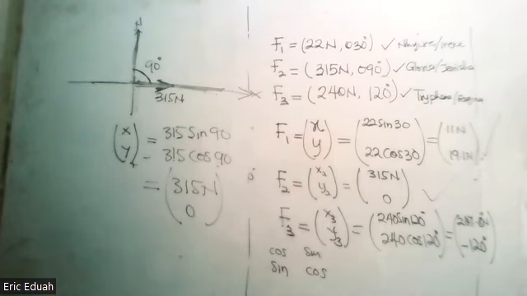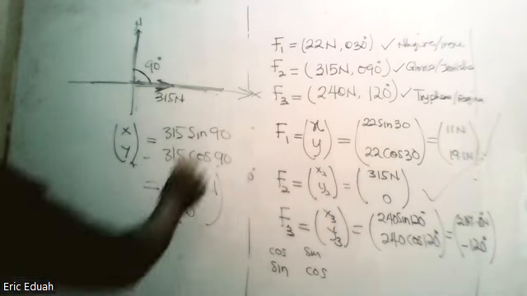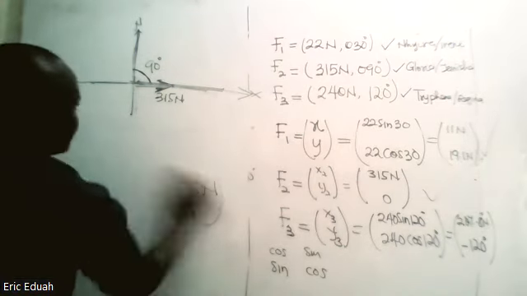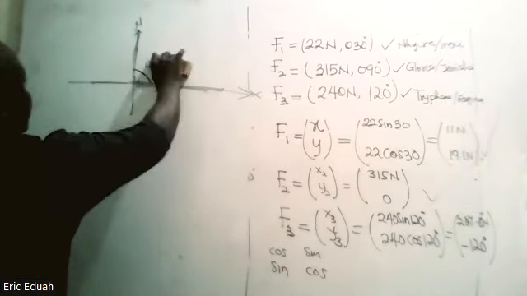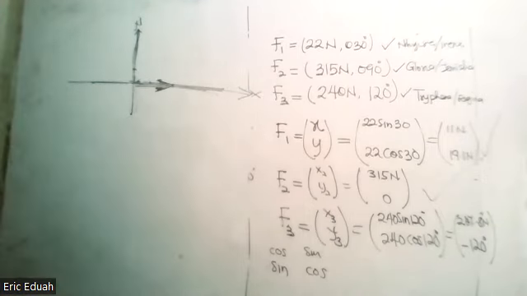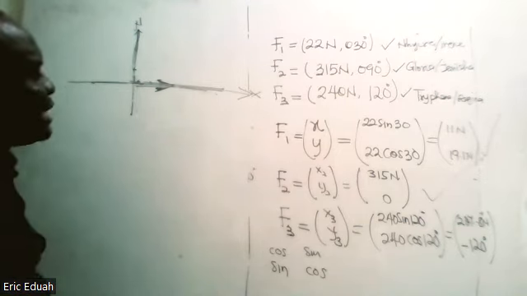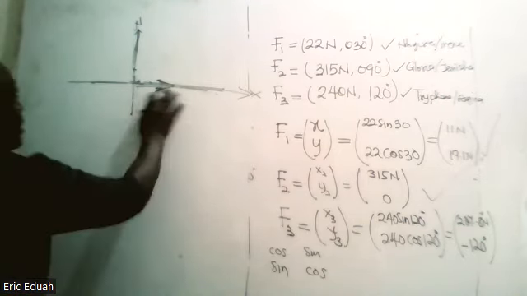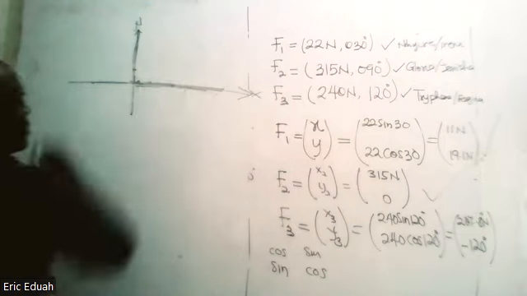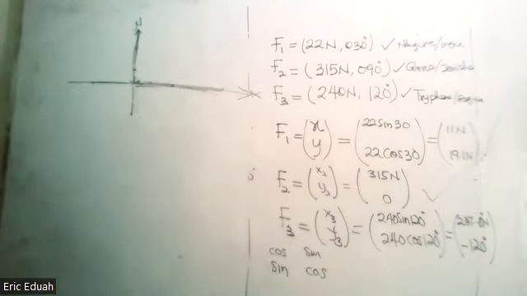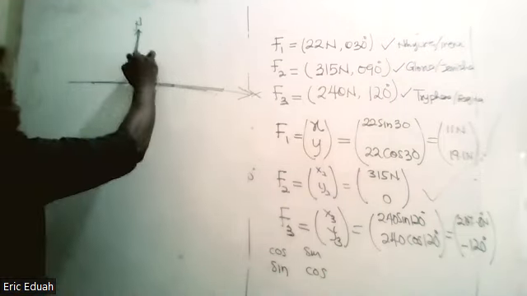Let's resolve F3, Trifina and Regina. Here's 210. This is 90.